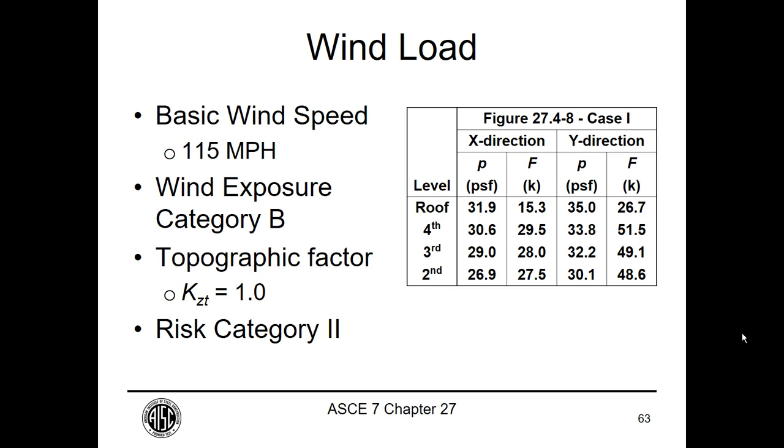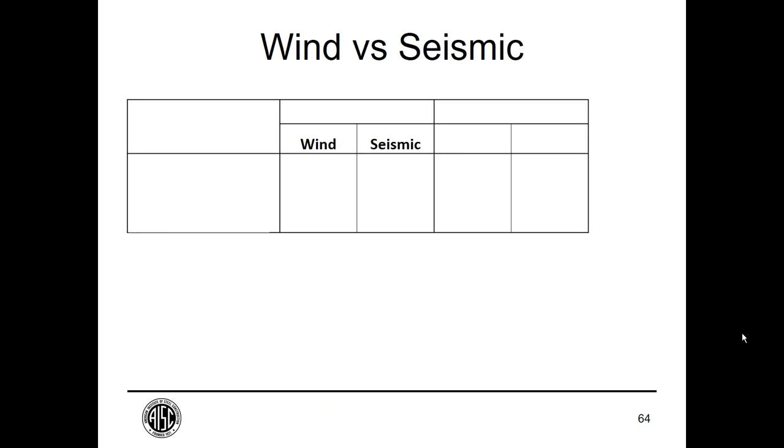There are other cases that need to be considered for wind, but I'm going to say case 1 is perhaps representative of the magnitude of the wind load. I'm going to compare the base shear for both wind and seismic, and the overturning, because the load distributions are different for wind and seismic. Seismic tends to be a little more top-heavy than wind, so more overturning for the same base shear.